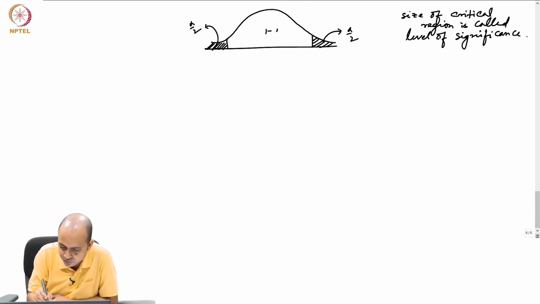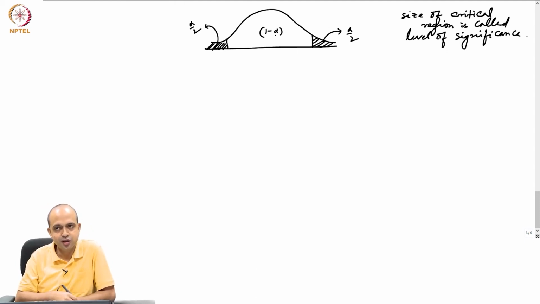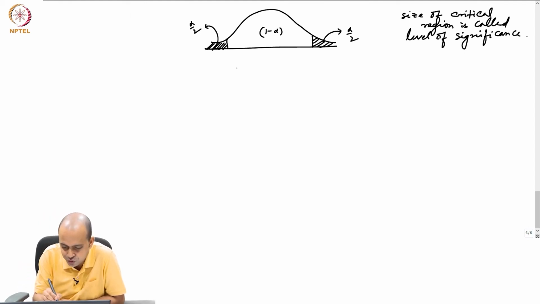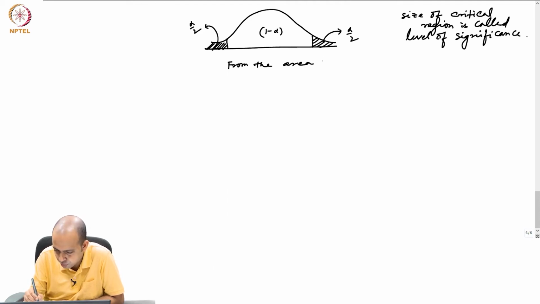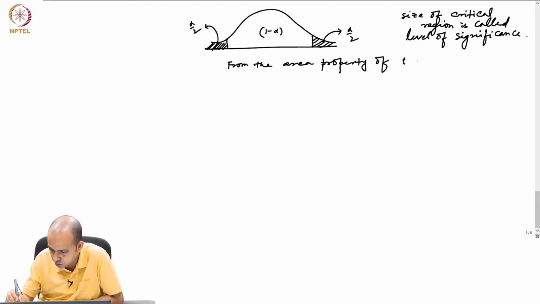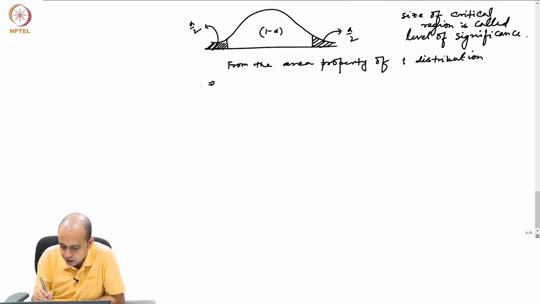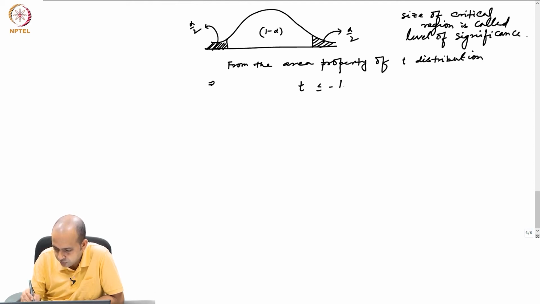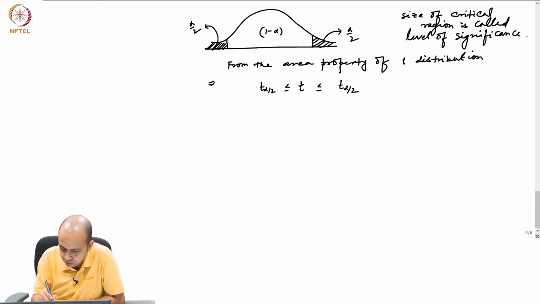So, from the area property of T distribution, we can say that a T which will lie between minus T alpha by 2 and T alpha by 2, the probability is actually equal to 1 minus alpha.